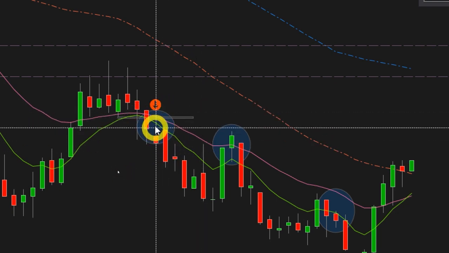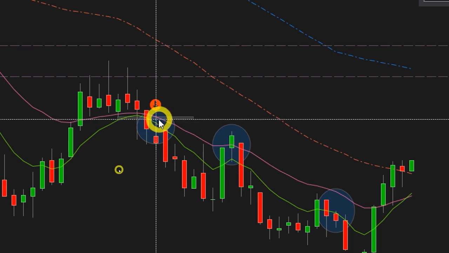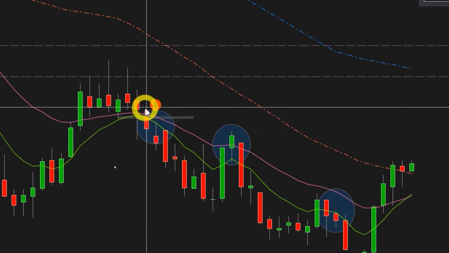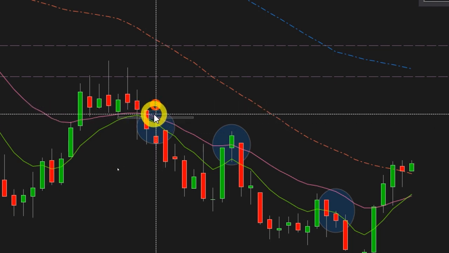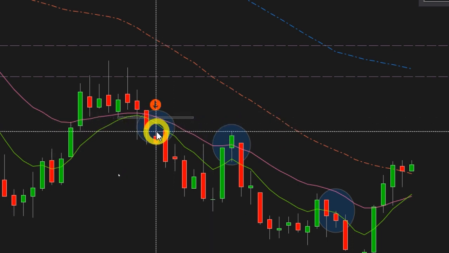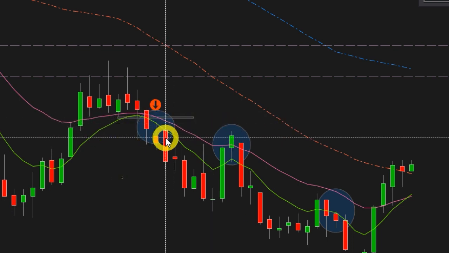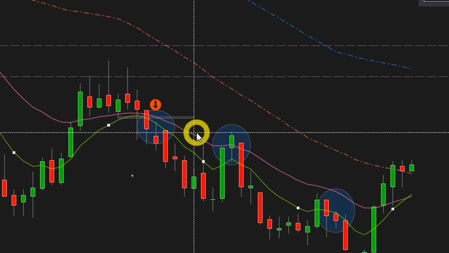When it was green, that's a good area to try it, because then you could use the previous candle as your stop loss, which is a very small range. But if I didn't use that candle, when it's right over here, as soon as it starts to turn red here, we could try to get in on it.